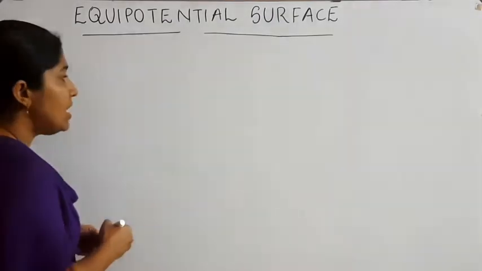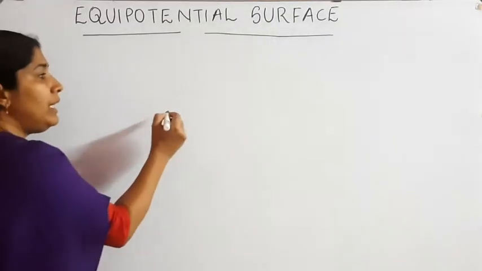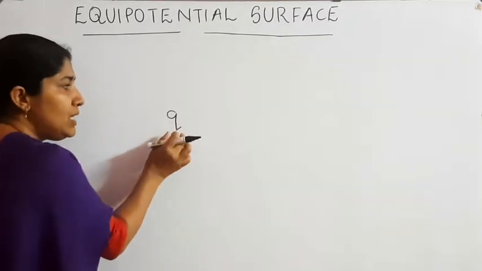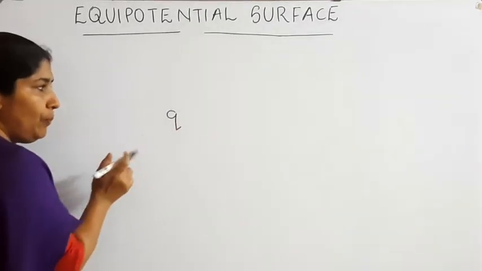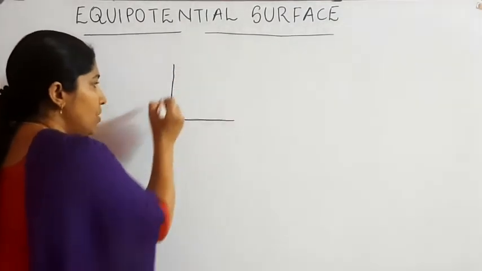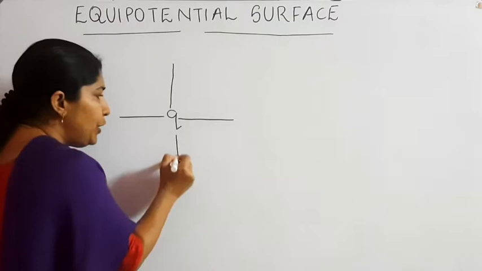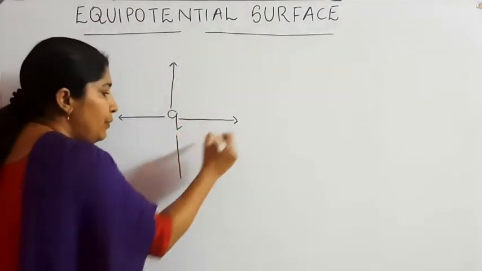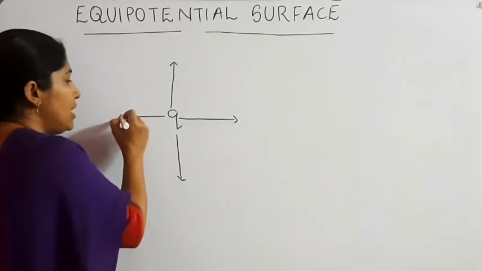An equipotential surface is one which is at equal distance from the point charge. For this we consider a charge Q. If we draw a surface at equal distance from this charge, that surface is known as an equipotential surface.